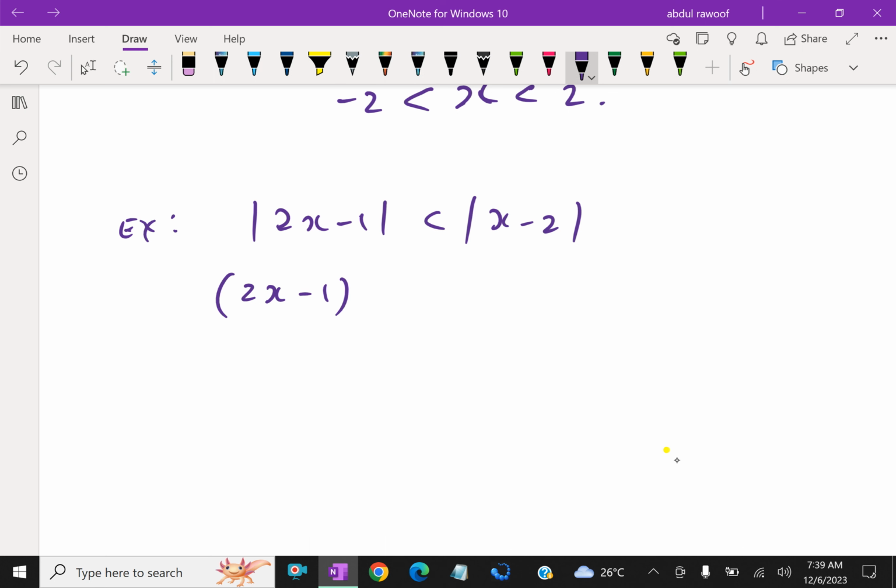Before that, let us solve this by using sketching only. You can solve this one.